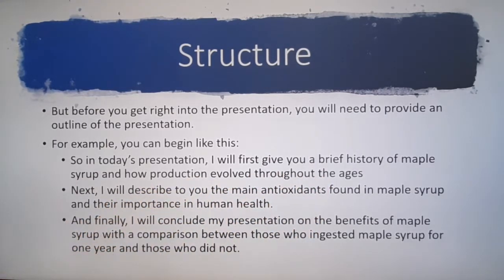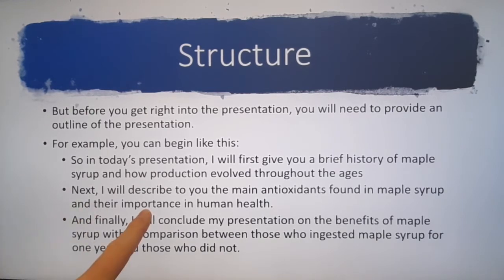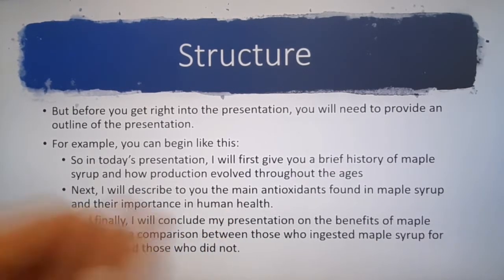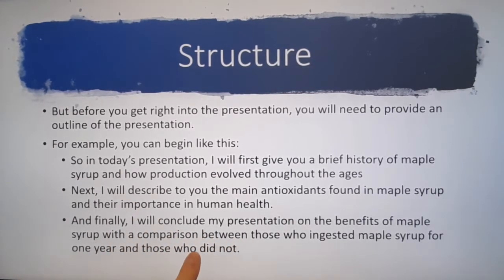Next, I will describe to you the main antioxidants found in maple syrup and their importance in human health. And finally, I will conclude my presentation on the benefits of maple syrup with a comparison between those who ingested maple syrup for 1 year and those who did not.